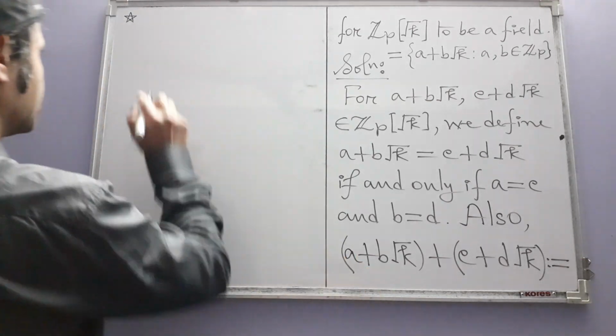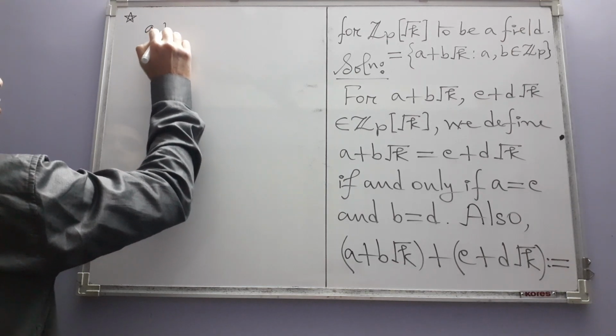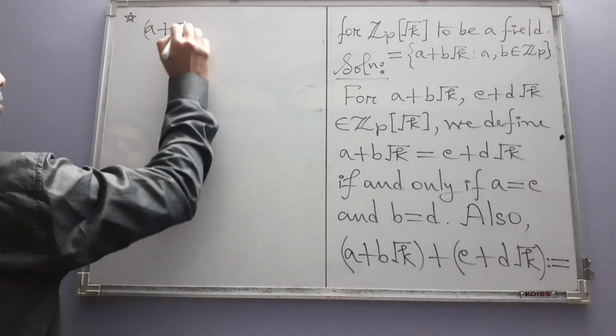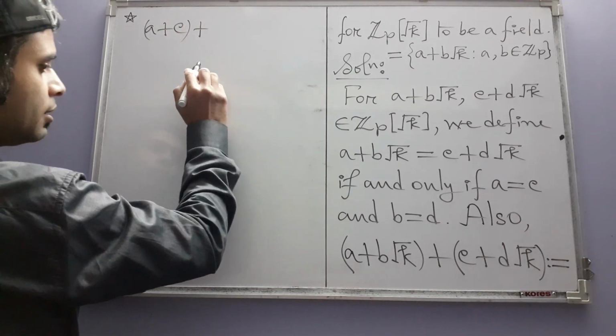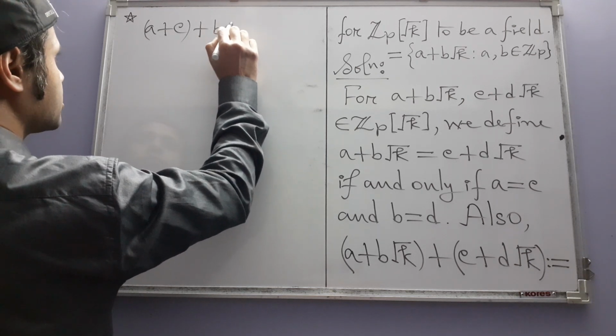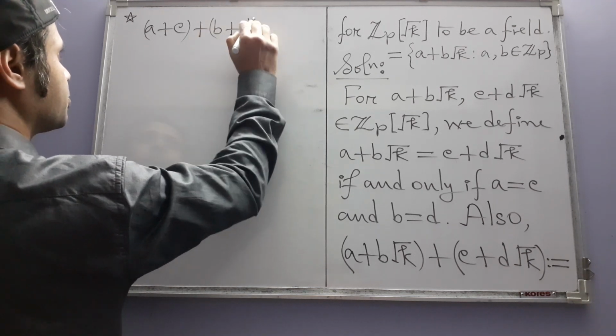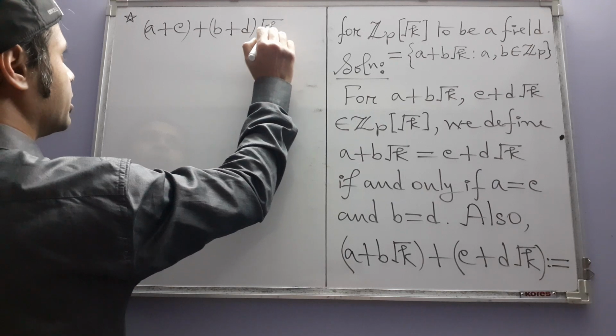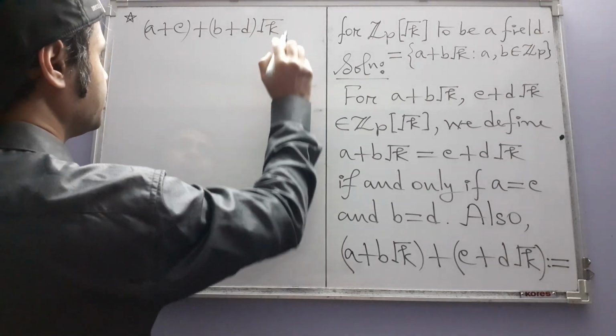And you can guess what the most natural definition is. You just add the first components and you also add the second components, followed by root k.